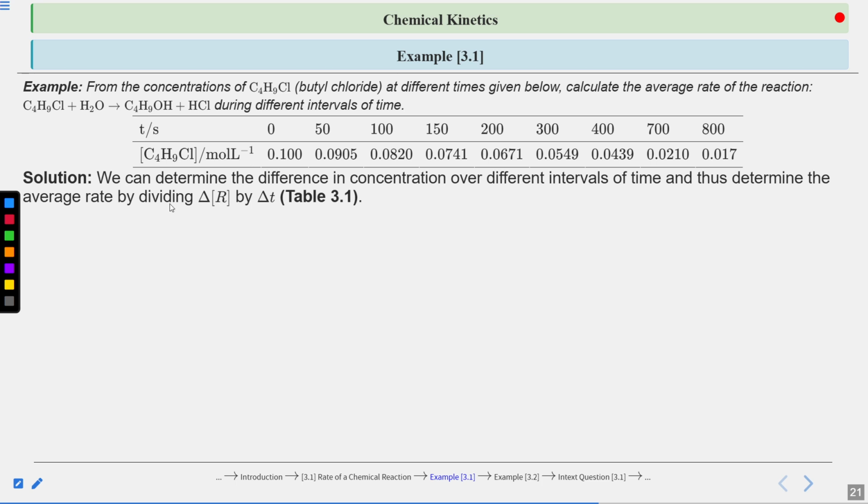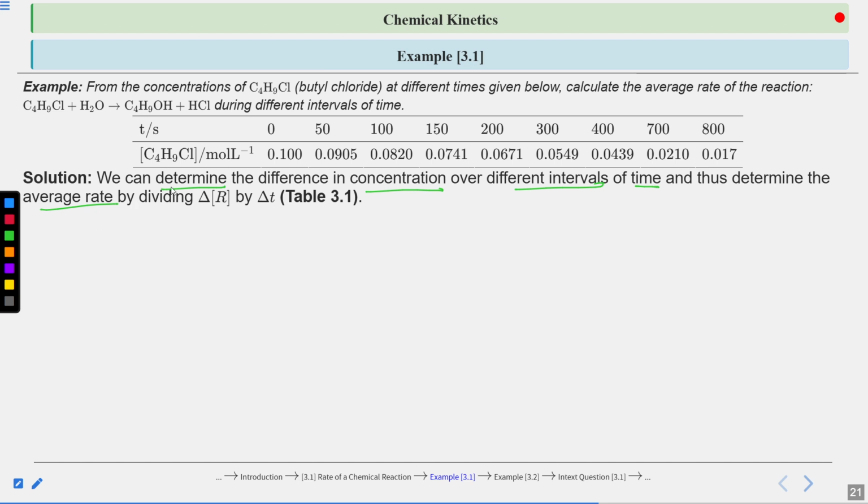So let's solve it. What we can do is determine the difference in the concentration over the different intervals of time and thus determine the average rate. The average rate is basically the change of concentration in the time interval.